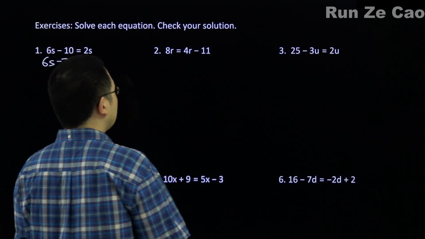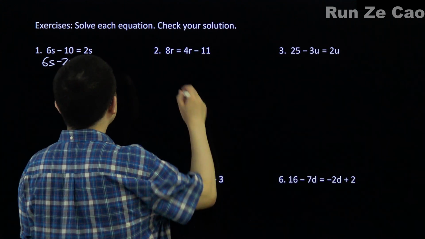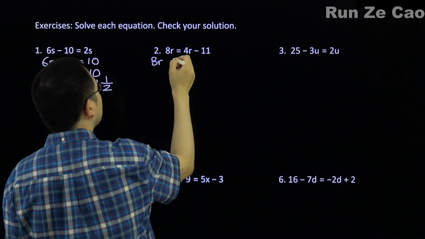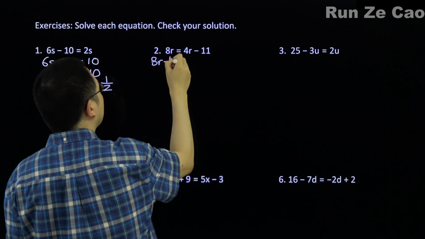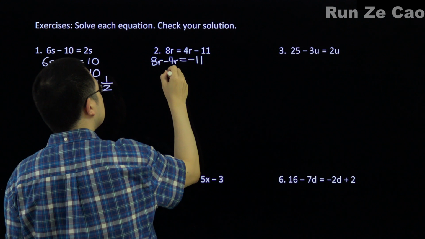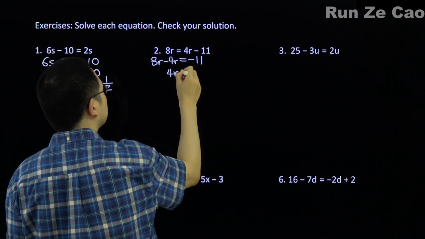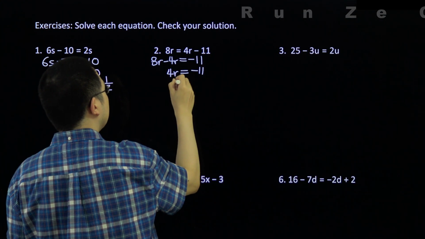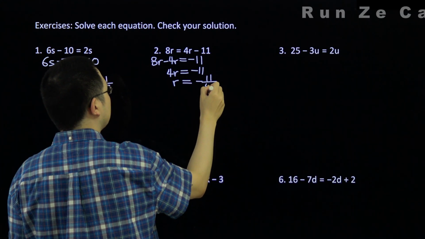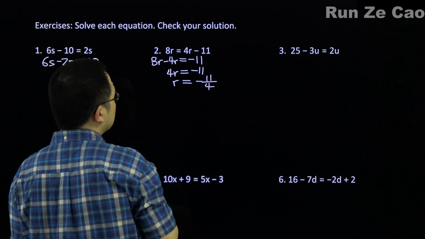8r is equal to 4r minus 11. Well, that's going to give us 8r minus 4r is equal to negative 11. So 4r is equal to negative 11. r is equal to negative 11 over 4. Right.